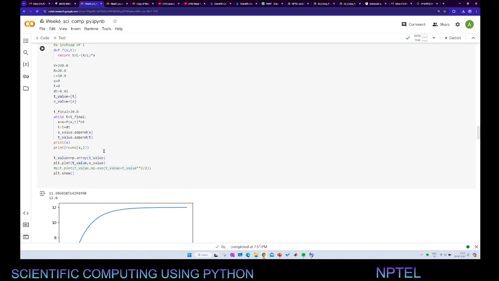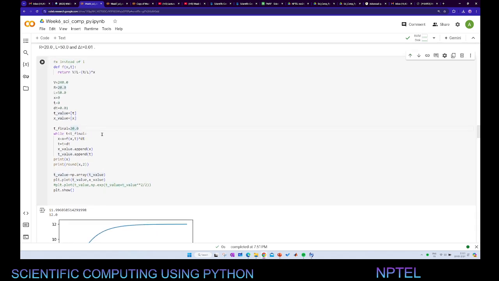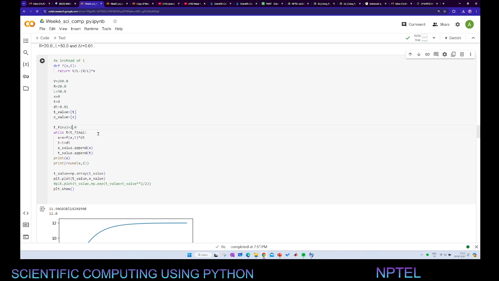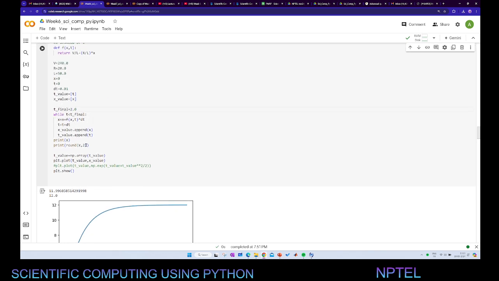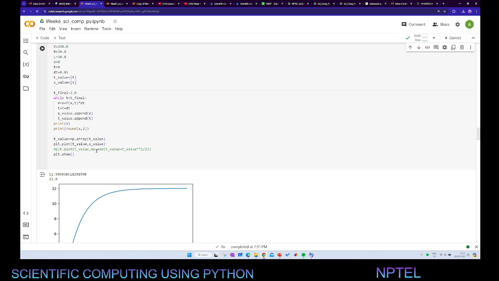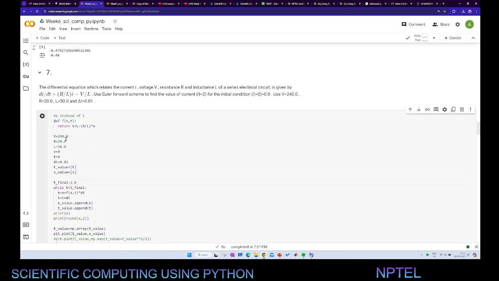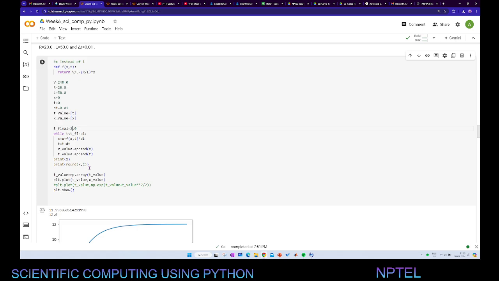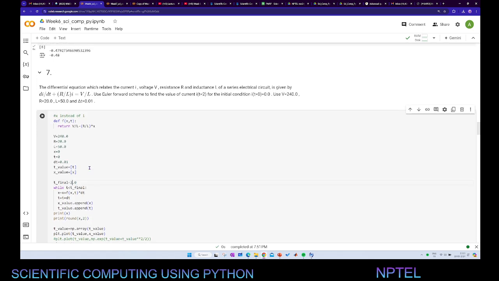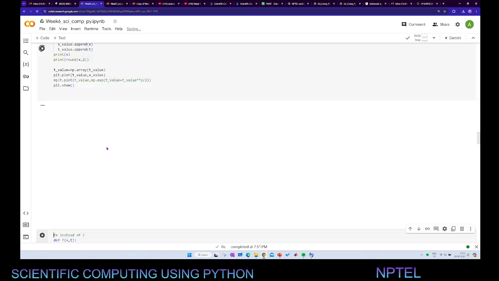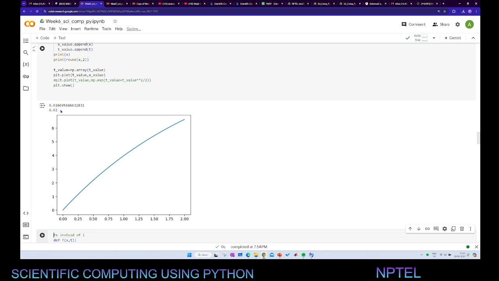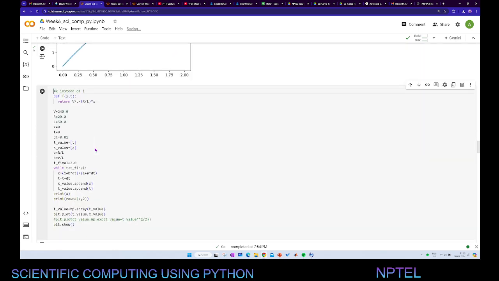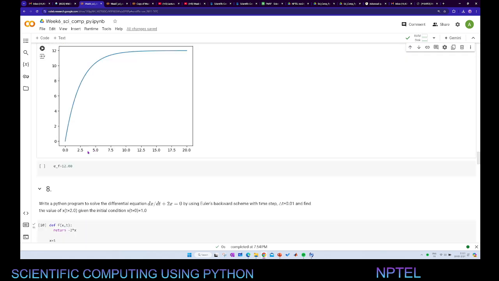So I remember. Last time when we did this, at the end I made it 20, so it approaches this value of 12, which is just the ratio of V by R, right? So the current flows only through the resistor. Okay, so now let's run it with 2, and it is 6.62. Let's note it down.